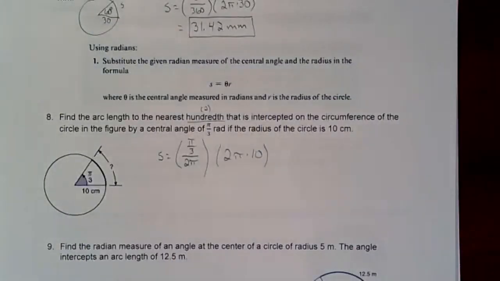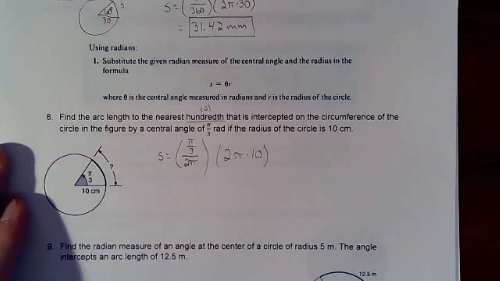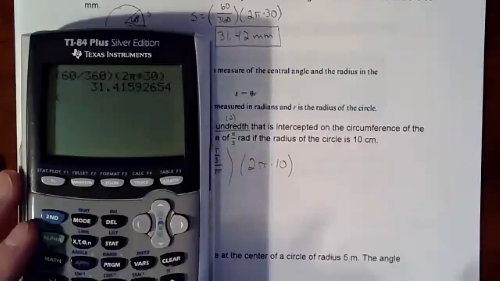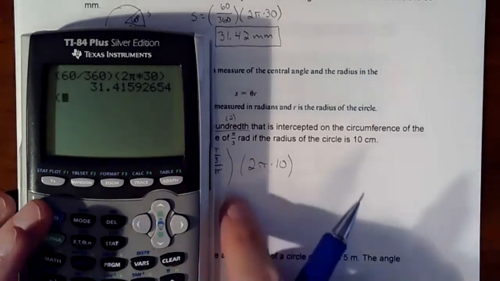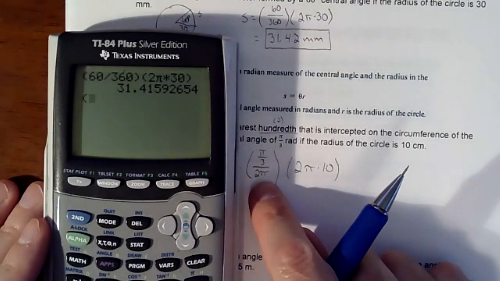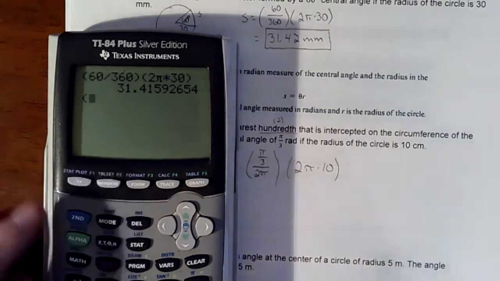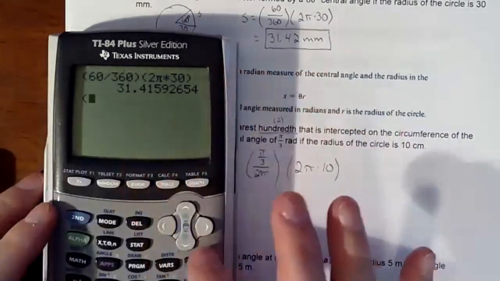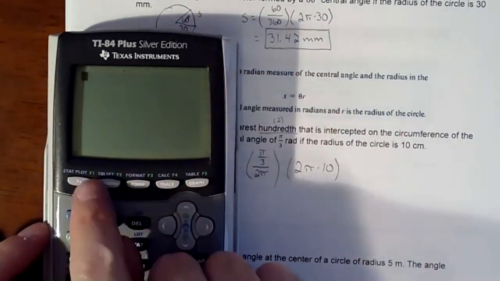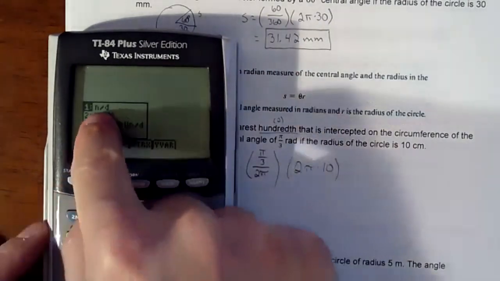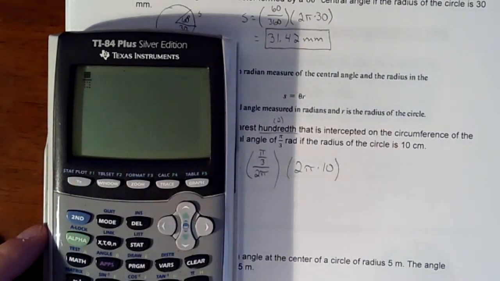Now, good news. If you're comfortable, well, we'll do it on the next one. So let's just throw it in the calculator. We have pi over 3 divided by 2 pi. So here's a suggestion. Again, if you have a little bit of a newer calculator, you're going to probably want to go to this little F1 button, which is a nice, cool fraction feature.